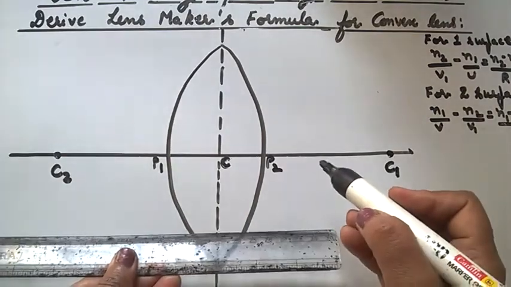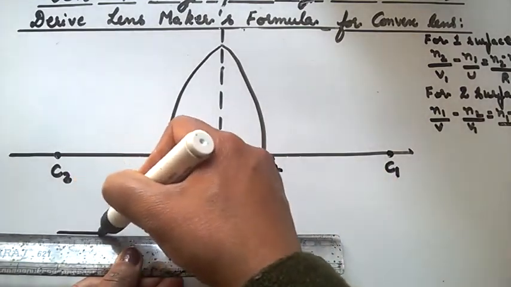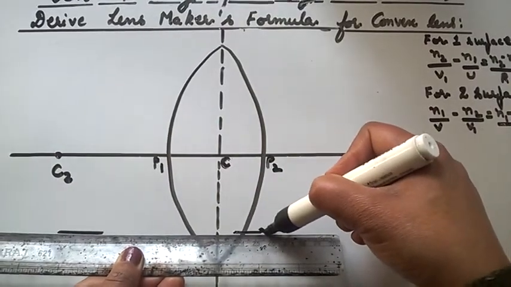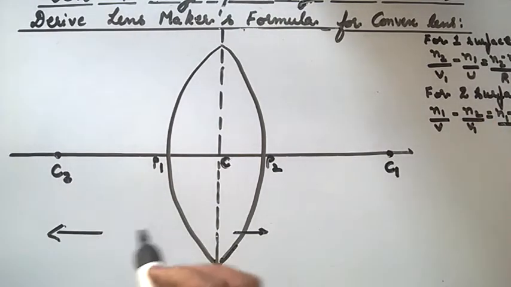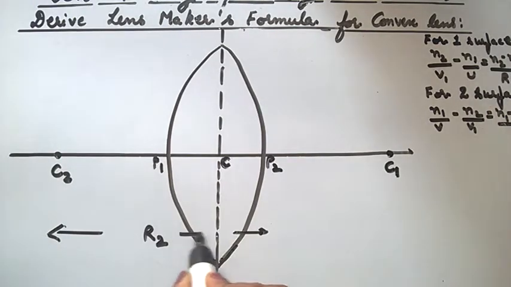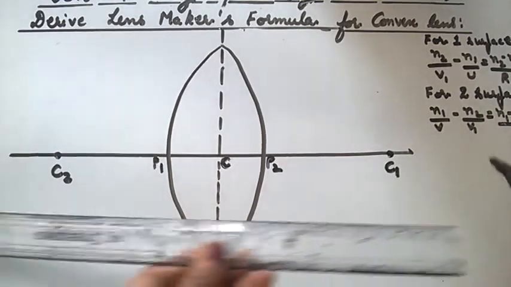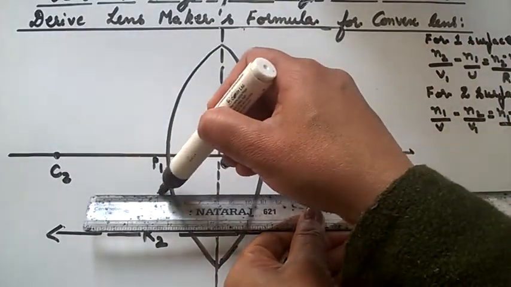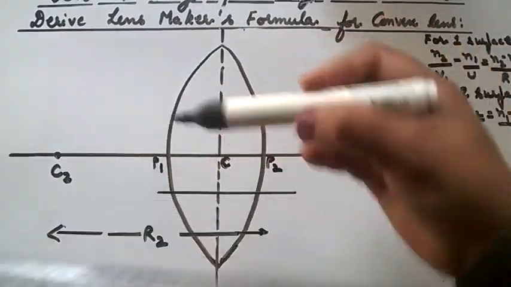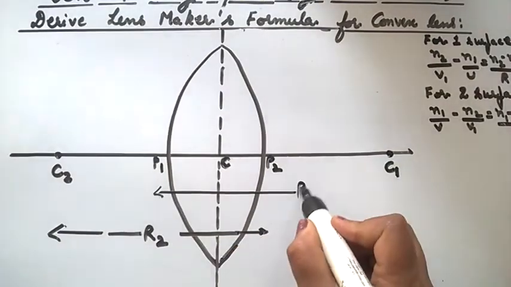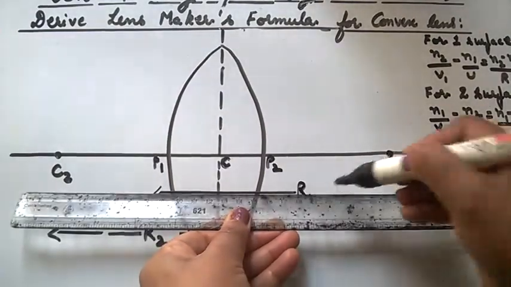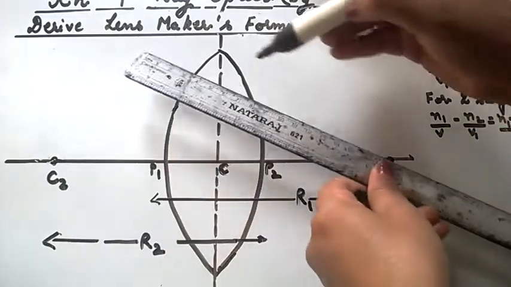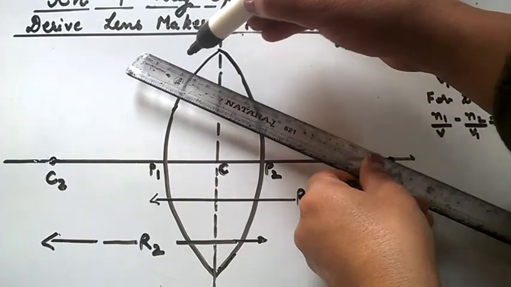Radius of curvature of the second surface is R2, from C2 to P2. Radius of curvature of the first surface, from P1 to C1, is R1. The normal passes through C1 and C2.